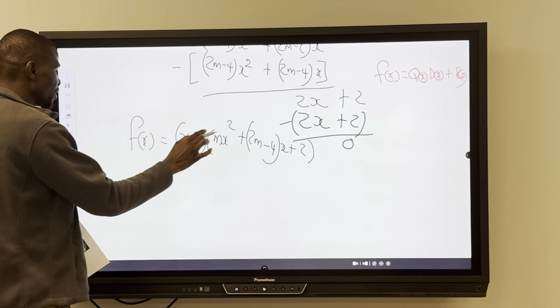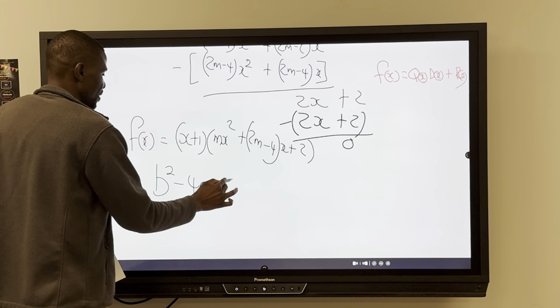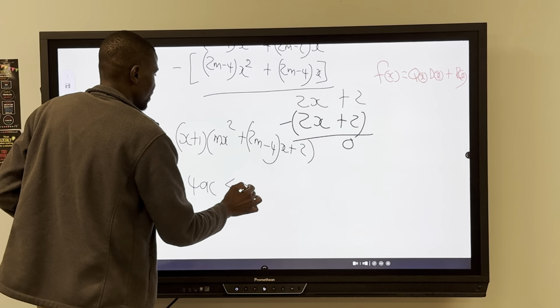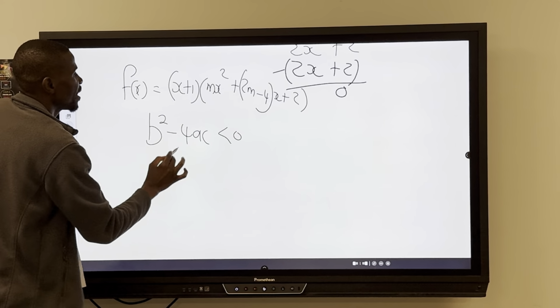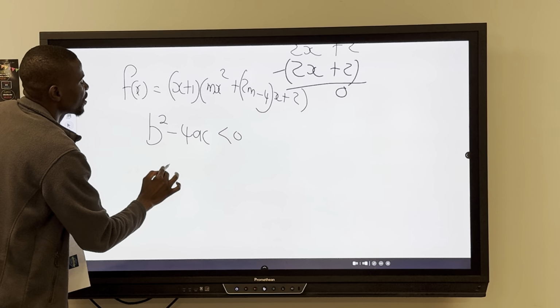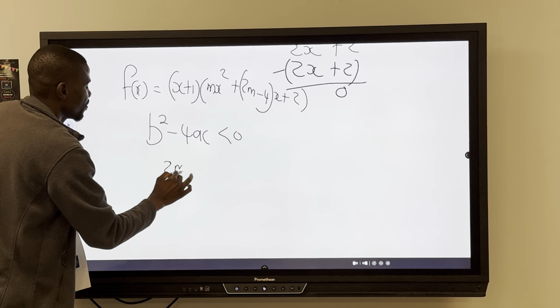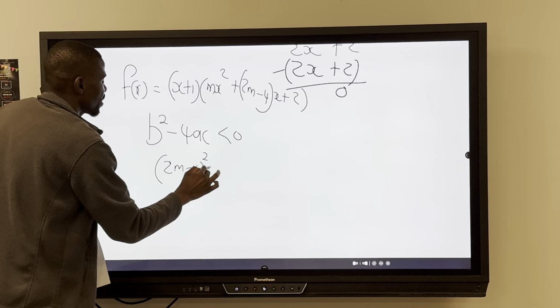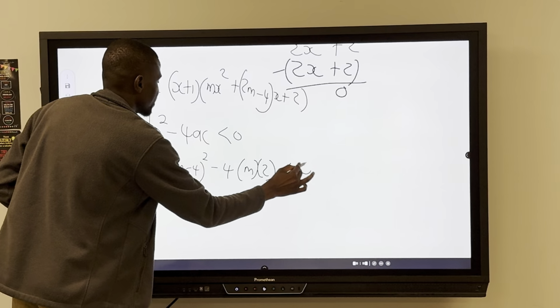So since it doesn't have real roots, we are going to use b squared minus 4ac is less than 0, right? Since the quadratic factor does not have real roots. So our a there is m, right? So our b is 2m minus 4, squared, minus 4 times m times c, which is 2, less than 0.